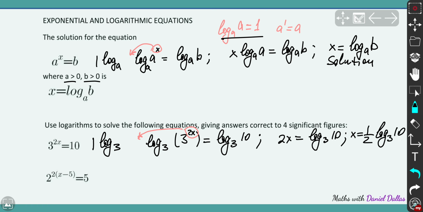Now it's time to use your calculator. The problem is I don't have a log base button on my calculator. Because I'm using a smartphone, I need to press the button log xy, where I input the base 3 instead of x, and 10 instead of y.